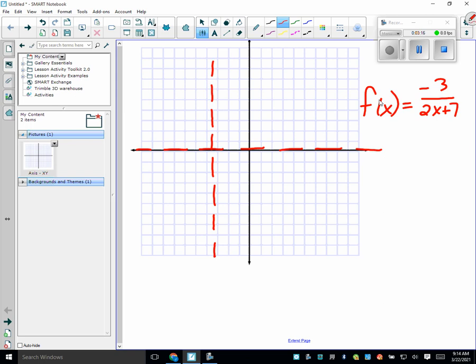Okay, can somebody give me a point on the graph? Zero, -3/7. Right here. Does that mean that my graph does this?